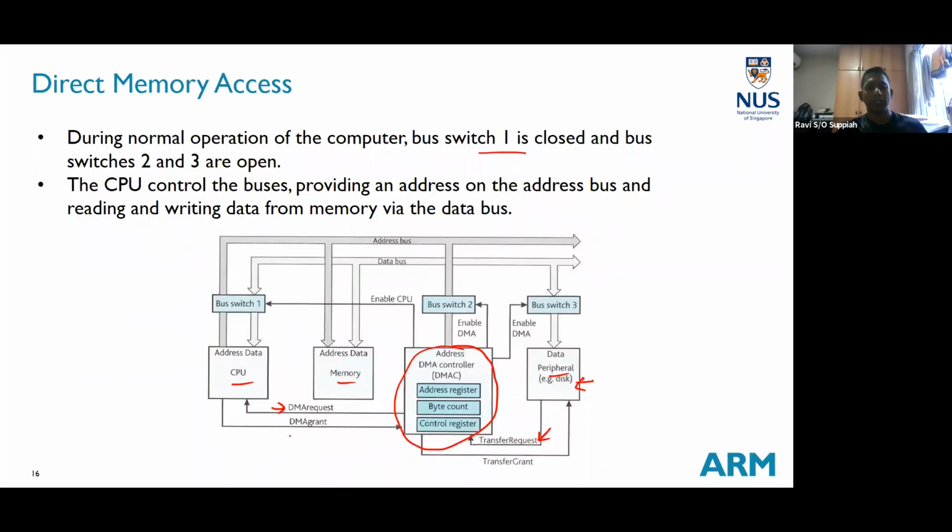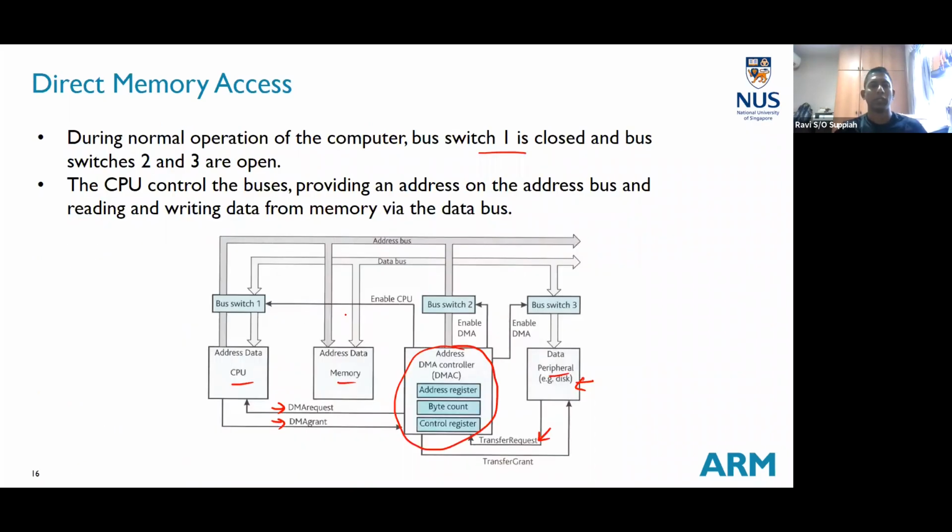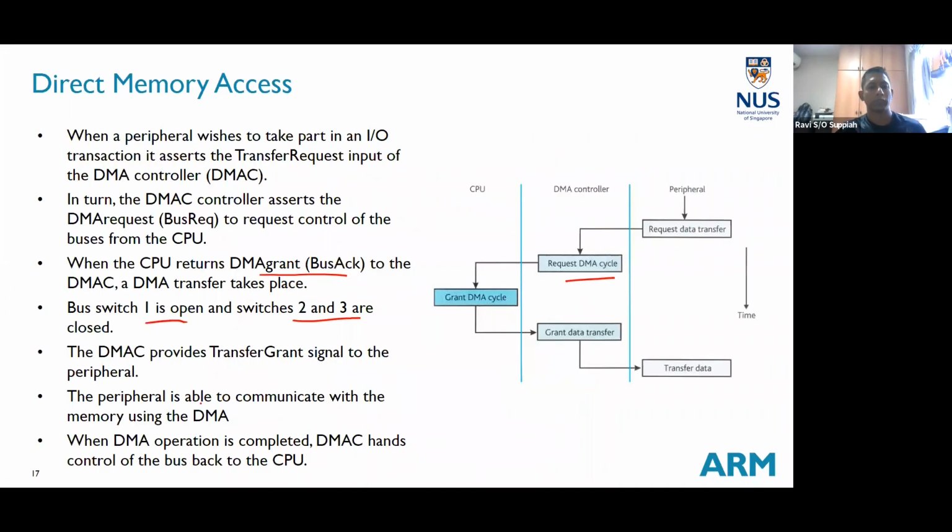Once the DMA grant is given to the DMA controller, it knows it can go ahead with the DMA transfer. So bus switch 1 is open, and 2 and 3 are closed. Now the DMA is taking over the address bus and data bus, so it can move data around freely without the CPU. The peripheral is now able to communicate directly with the memory using the DMA.